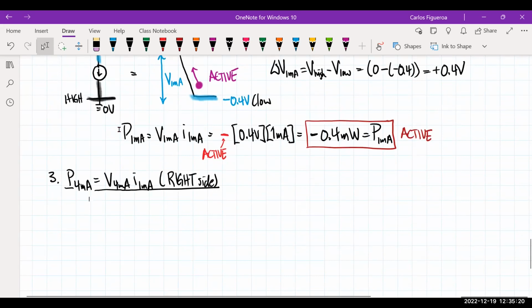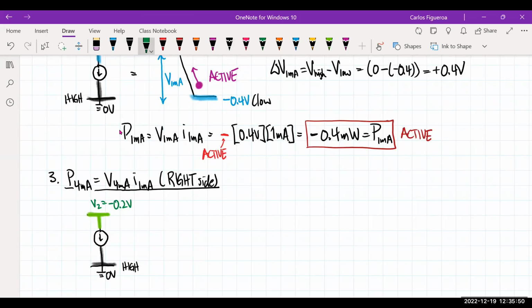So here's what I have. I have a current source that looks like this, and we see that it's going towards the ground. We already know that the ground is now the high here. So this represents the high part of the circuit. This guy is the low, and we know that this guy, V2, is equal to minus 0.2 volts.